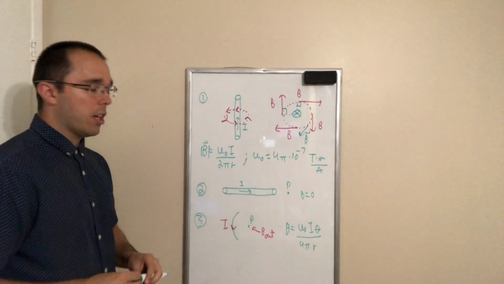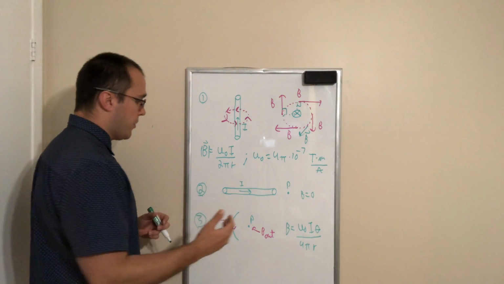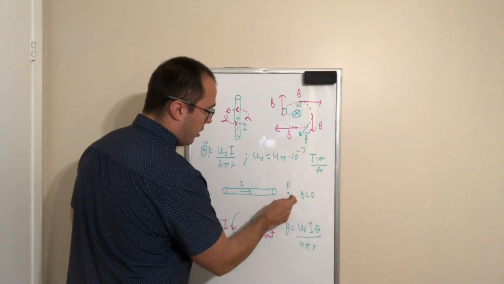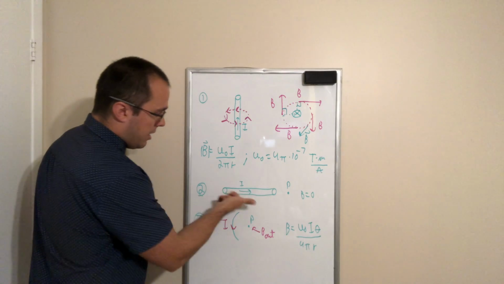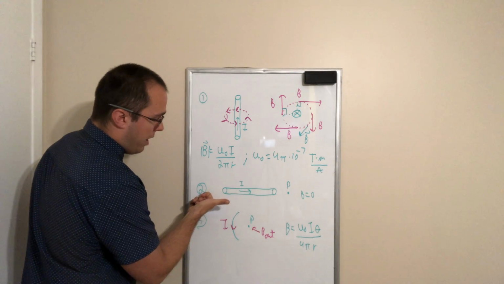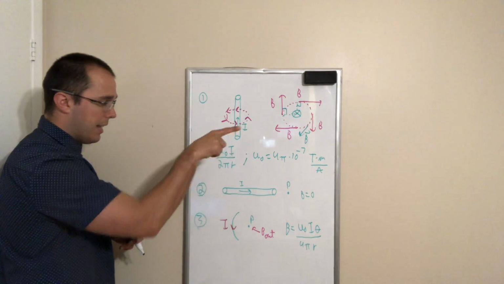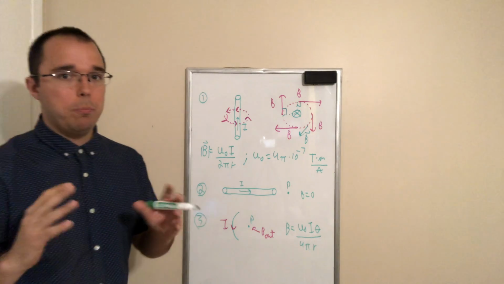All right, so the second point that the Biot-Savart law tells us is that basically there's no magnetic field at the tip of our wire. So if we have a current, in this case, if we were to use the right-hand rule, we have the current going to the right, our finger curling in, so we have the magnetic field going in that direction. At the end, though, the magnetic field would be 0.